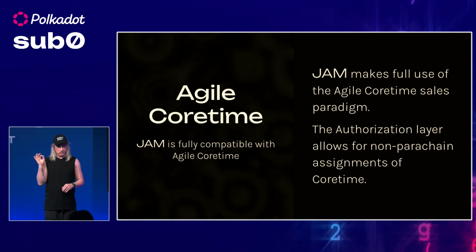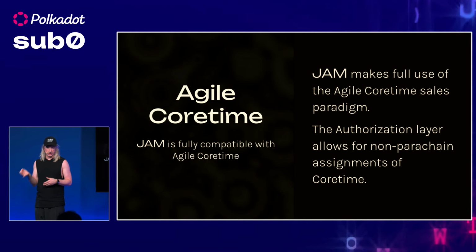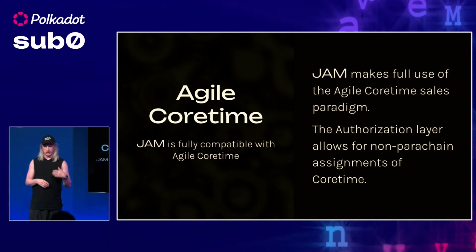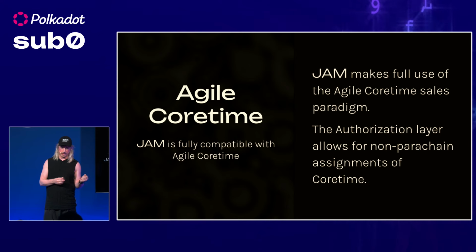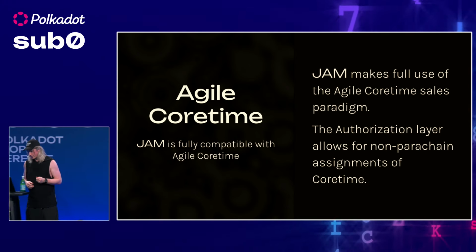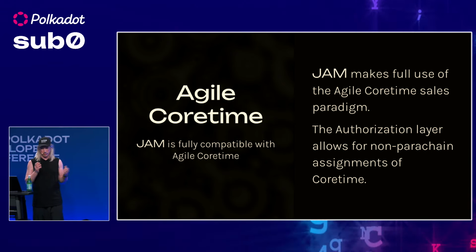The main thing that Jam adds to Agile core time is the ability to not simply target core time at a parachain, but to target essentially arbitrary sets of work packages. It has an entire layer that I don't have time to talk about today, unfortunately.